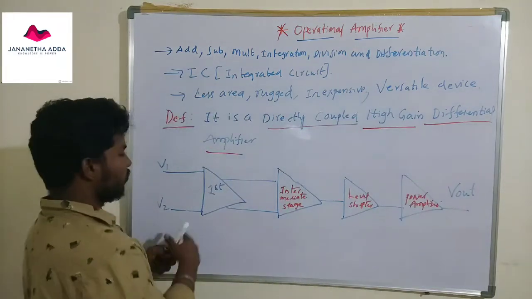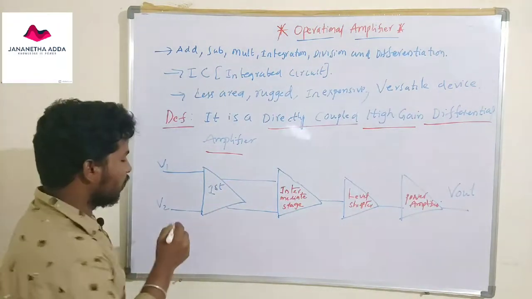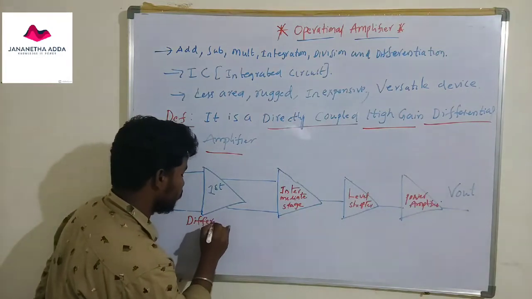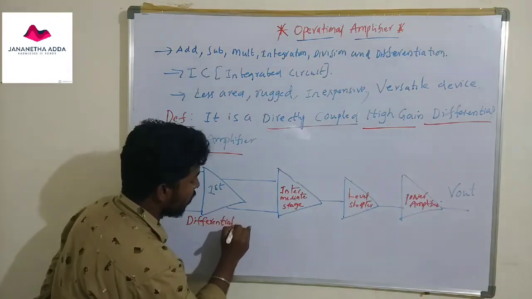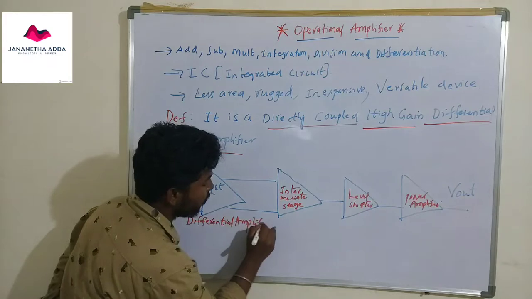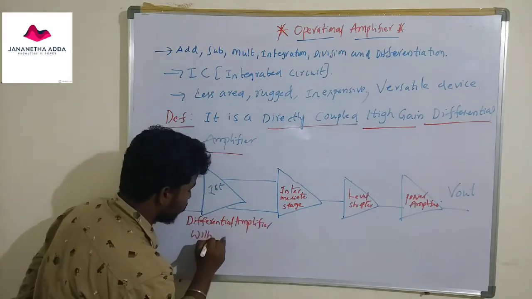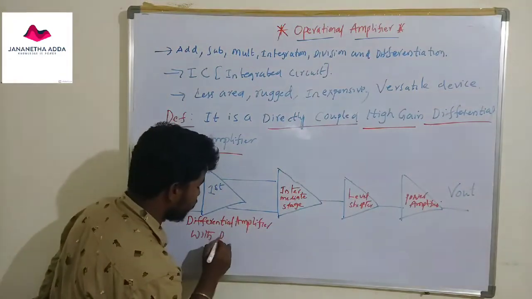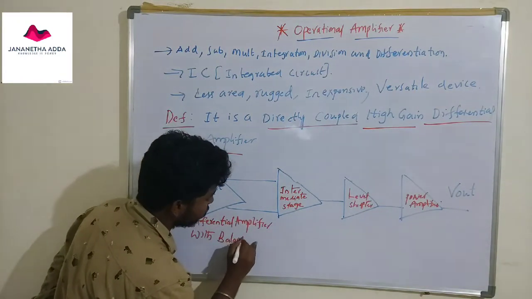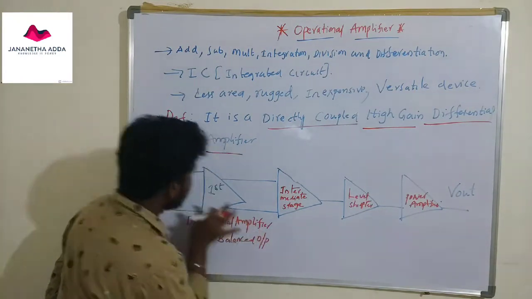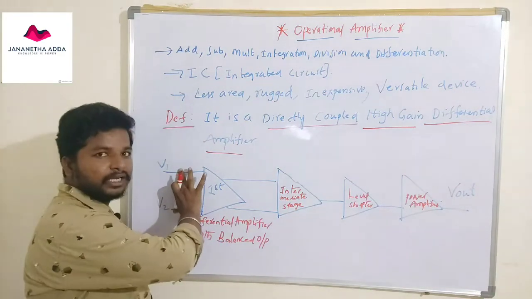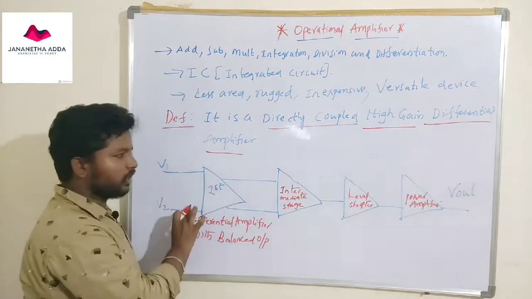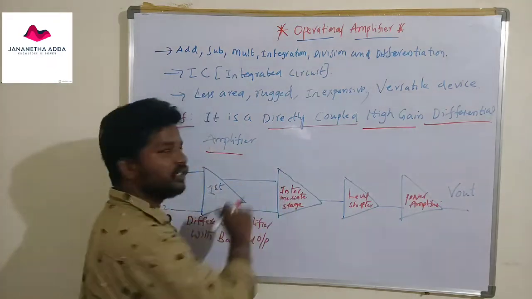The first section is called a differential amplifier with double balanced output. It is a differential amplifier which takes two inputs, processes the difference between the two signals and produces a balanced output.